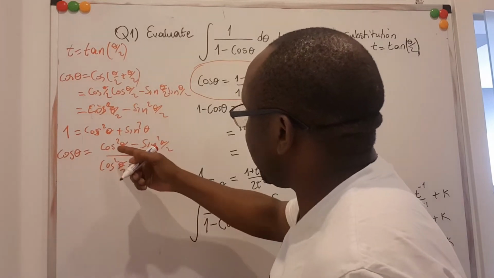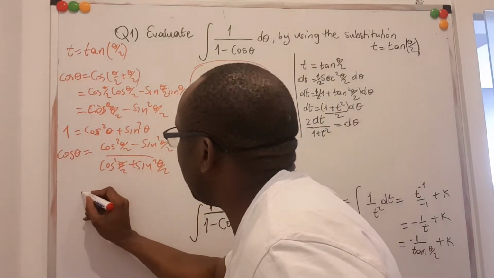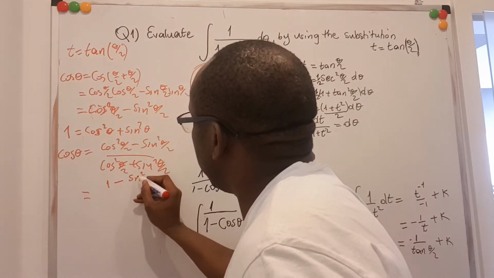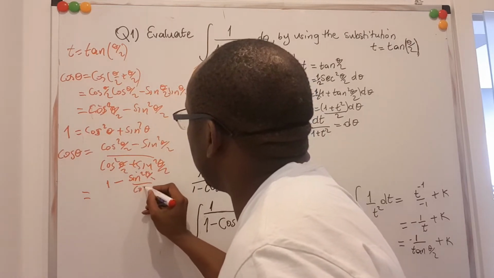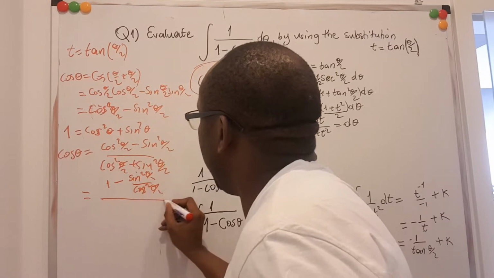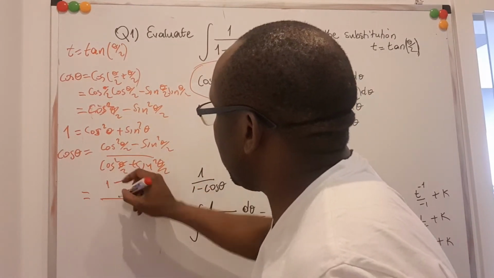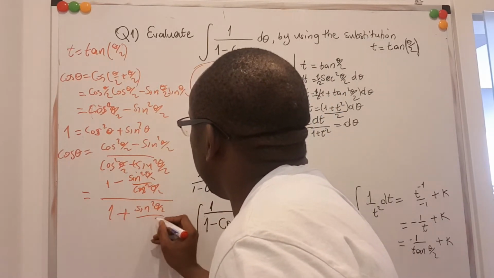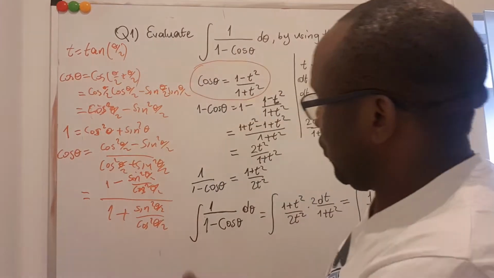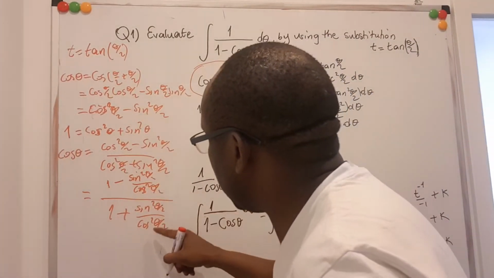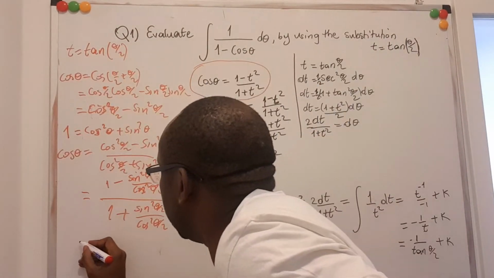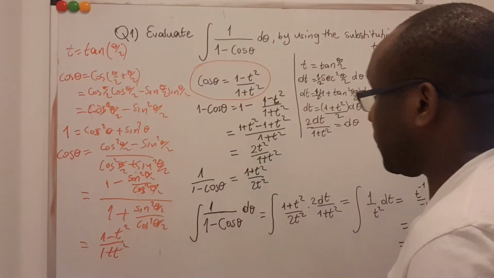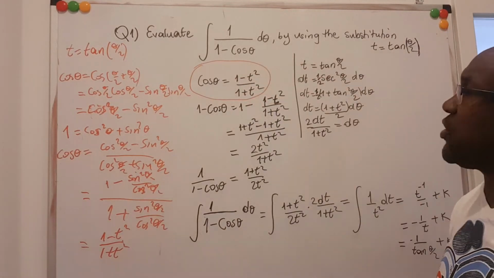So if I divide all through by cos squared(theta/2), I get 1 minus sine squared(theta/2) over cos squared(theta/2), divided by 1 plus sine squared(theta/2) over cos squared(theta/2). So at the end I have tan squared(theta/2), which I can replace with t squared. So cos theta is now 1 minus t squared divided by 1 plus t squared. That is how this was obtained.